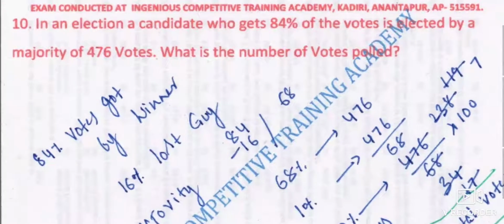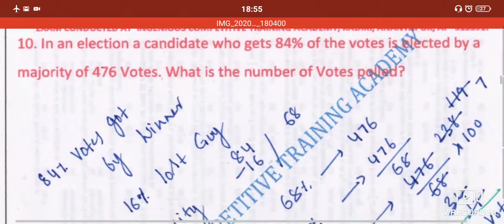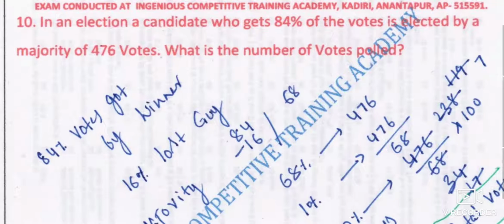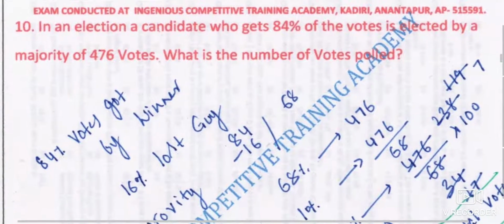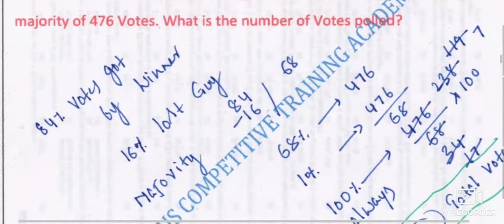In an election, a candidate who gets 40% of the total votes is elected by a majority of 476 votes. What is the number of votes polled? So please remember guys, here whatever has been given, the winner has got 84% and the loser has got 16%. Now the difference between the winner and loser is 68%.